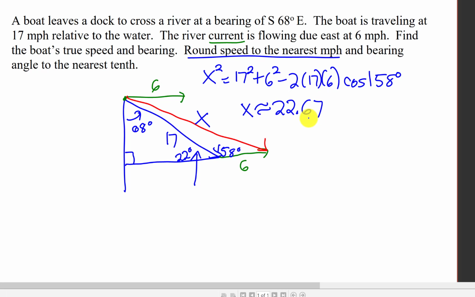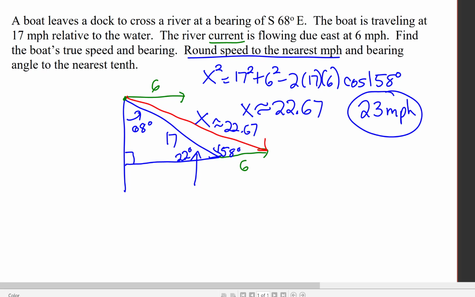So 22.67. If it says to the nearest mile per hour, we're going to put 23 miles per hour for the true speed of the boat. Okay, so this side is about 22.67. Now, the next thing I need is the direction, the bearing.